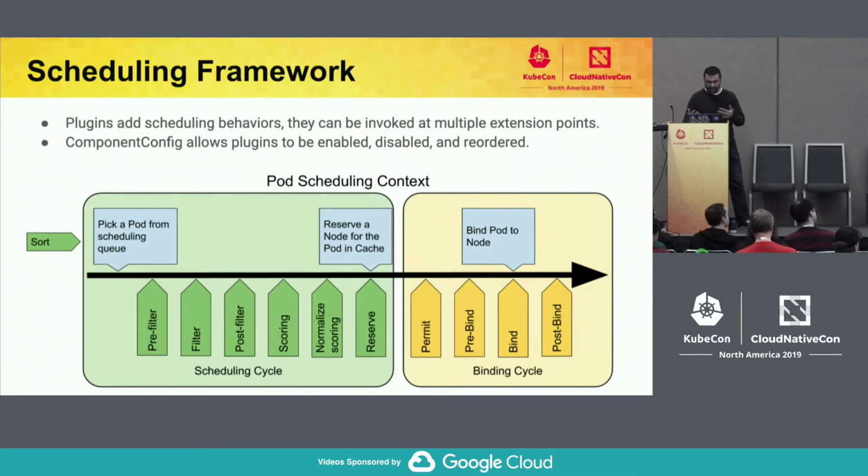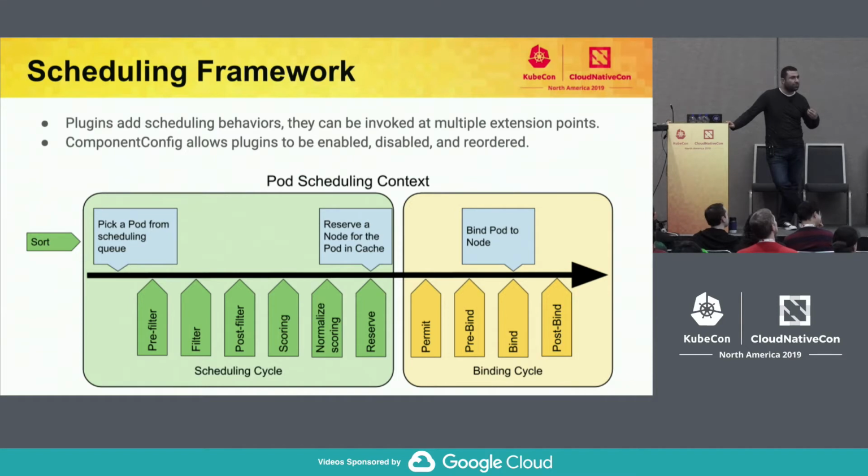The second phase is, again, if you look at it, there is pre-filter, filter, and post-filter. This is what I talked about earlier. It's the phase where we define the feasible nodes. But we found that we needed another two extension points, before and after the filter, that allow us to optimize that behavior. Sometimes features like pod affinity, for example, run much faster if we do some sort of pre-calculation.